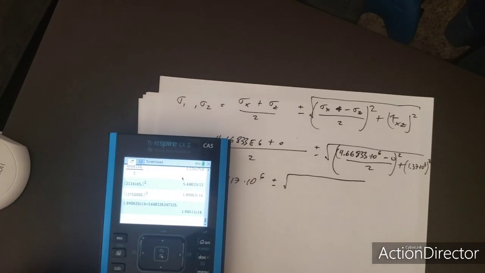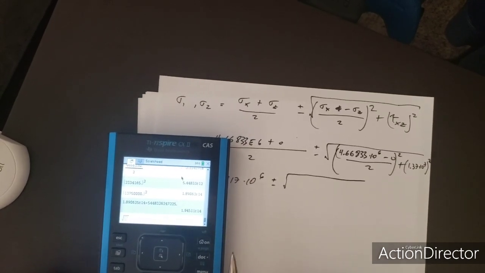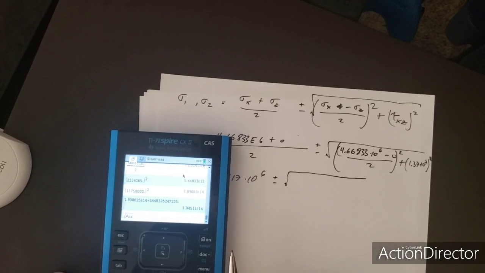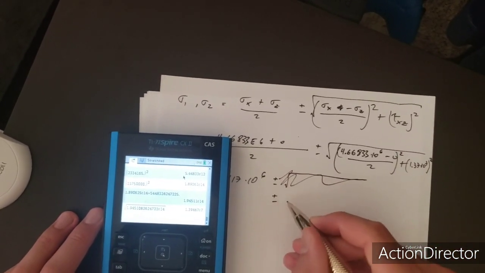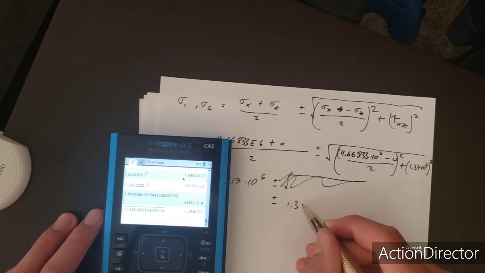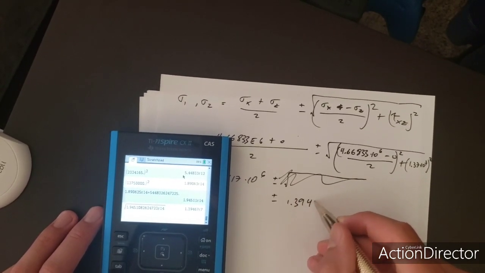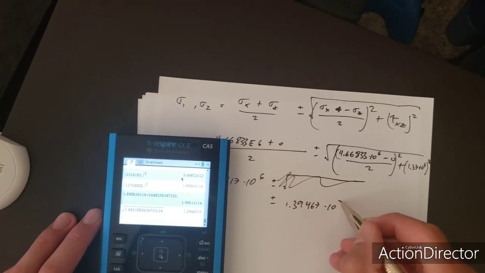And then you take the square root of the answer, and all of this, plus or minus 1.39467 times 10 to the 7.